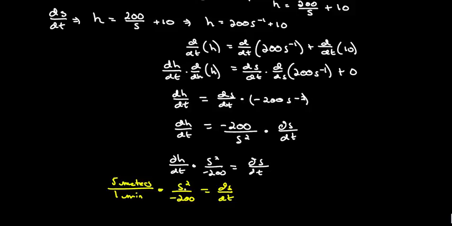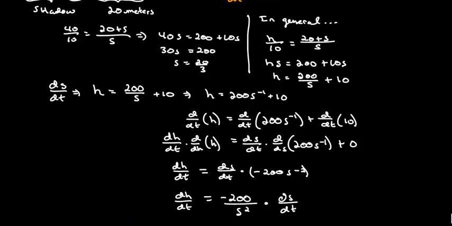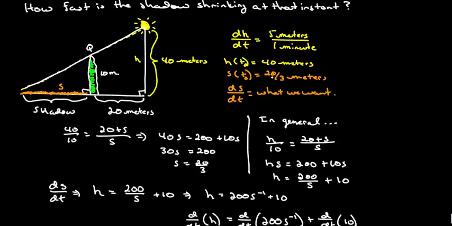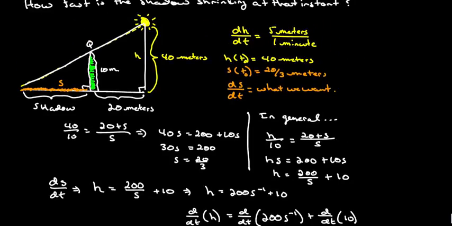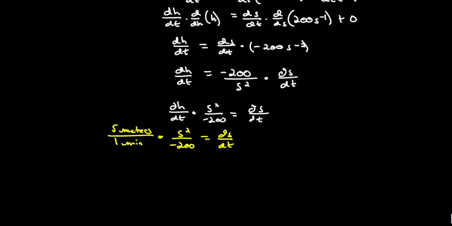But we do know what s is. s, at that exact moment in time, is 20 over 3. So this is going to be 20 over 3 squared over negative 200 times 5 over 1. That is how s is changing with respect to time.